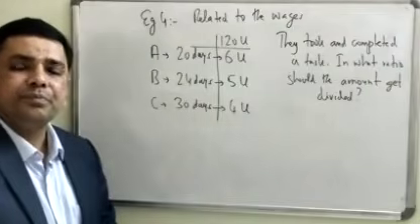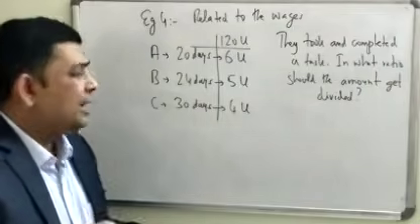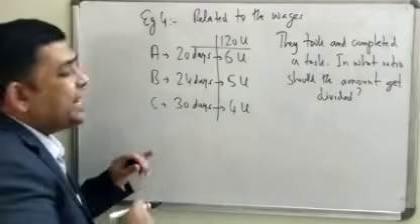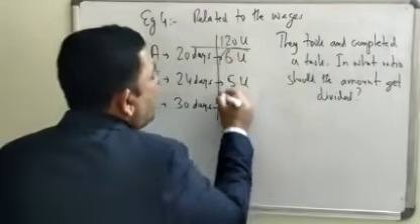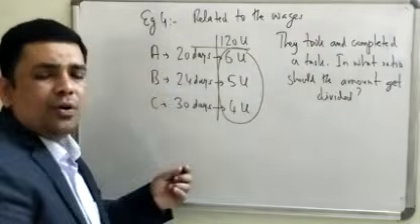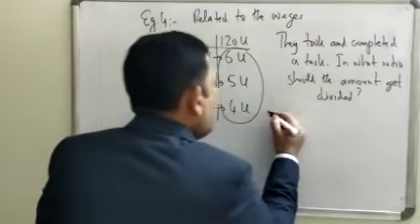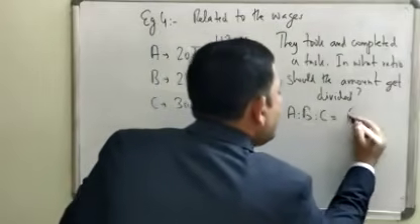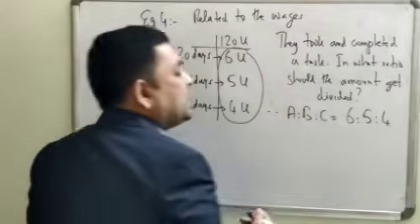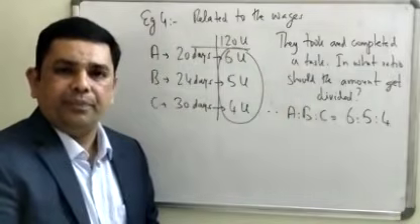That means in this example, the wage will never get divided in the ratio 20, 24, 30. It will actually get divided in the ratio of their efficiencies. Therefore, the wage will always get divided in the ratio 6:5:4.